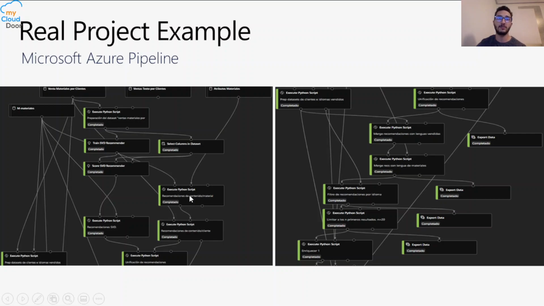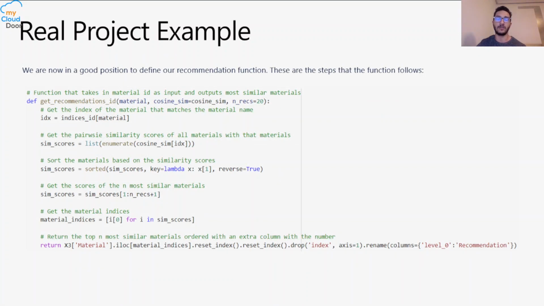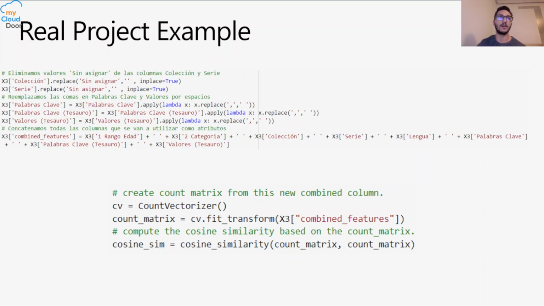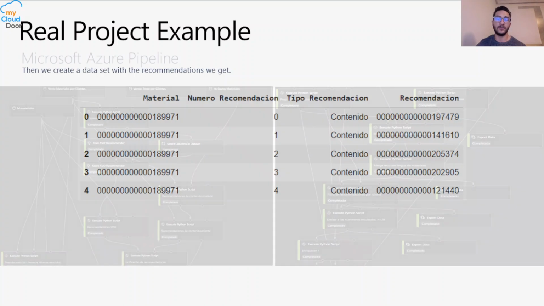If we open one of these blocks, we will see the same code as this, with the same function, the same transformation, the same way we created the matrices, and the same way we calculated the similarity scores. And finally, here we get the results of the content-based, as we saw previously.